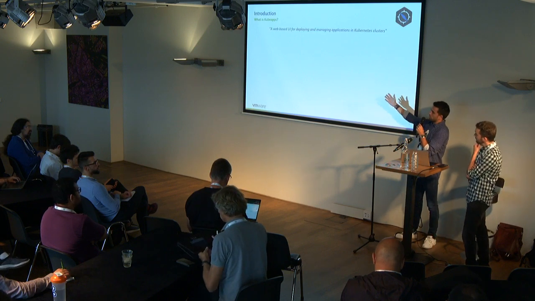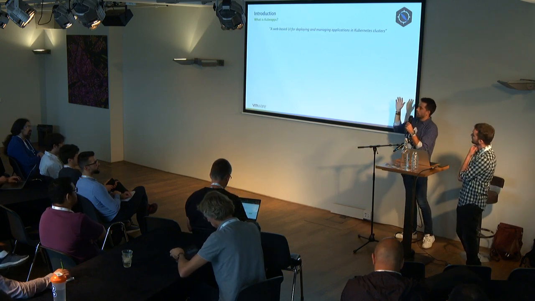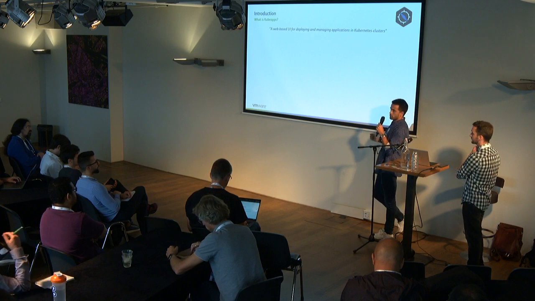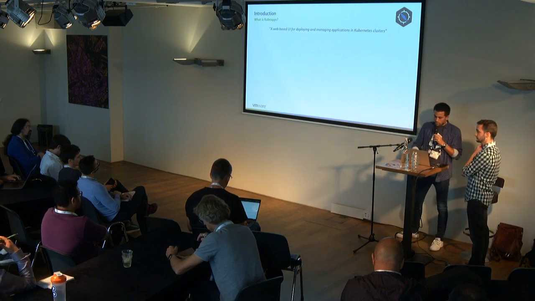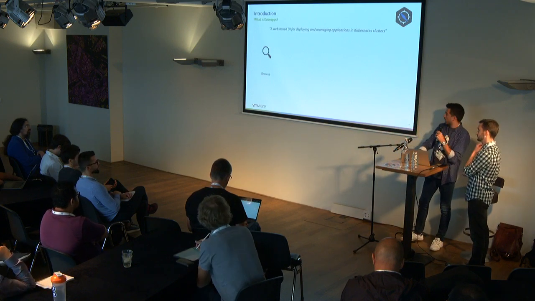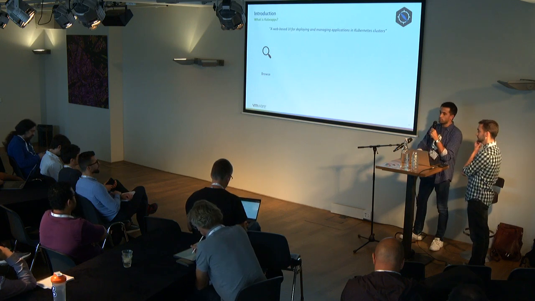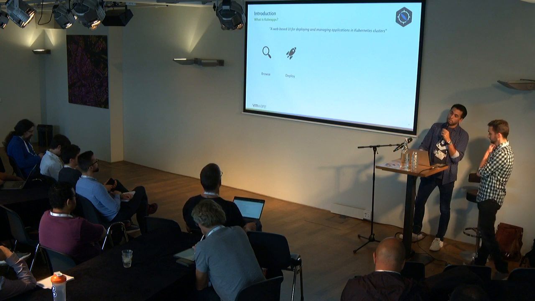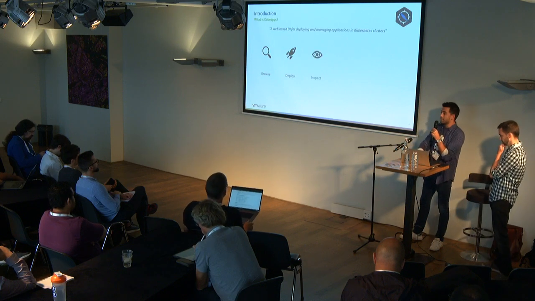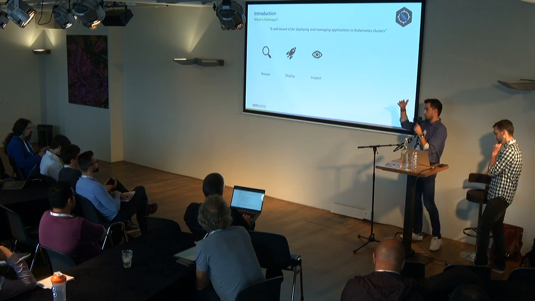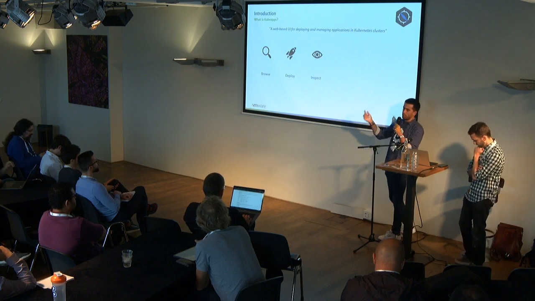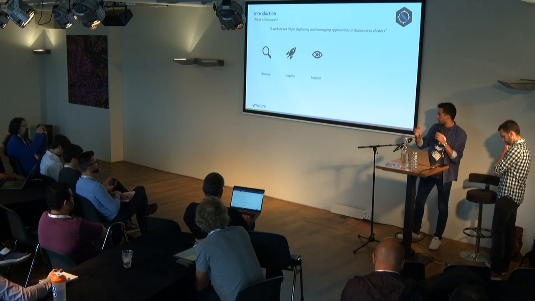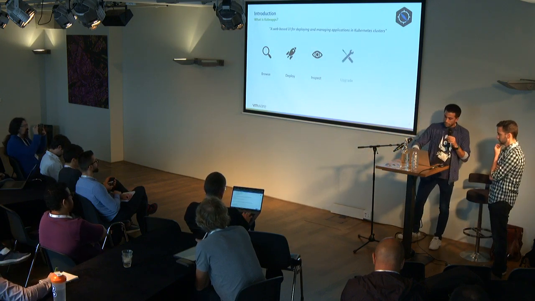So with Kubeapps, we try to do the same, but with Helm applications, with charts. You can browse the application that you are interested in. You can deploy that application in your cluster. You can inspect that application, and review all the values, the parameters that a specific chart offers you.